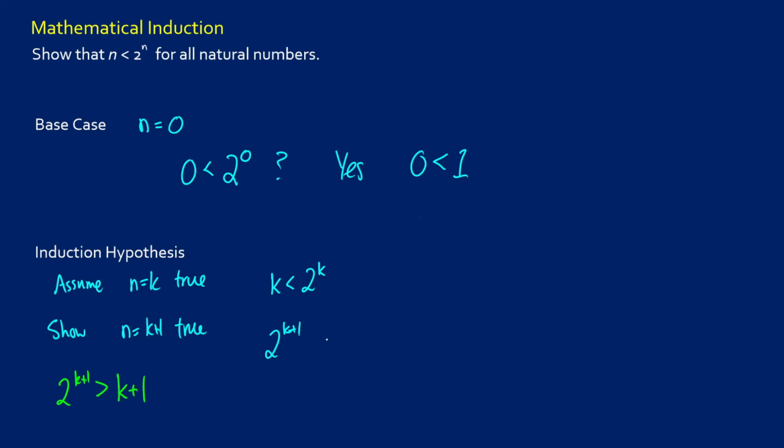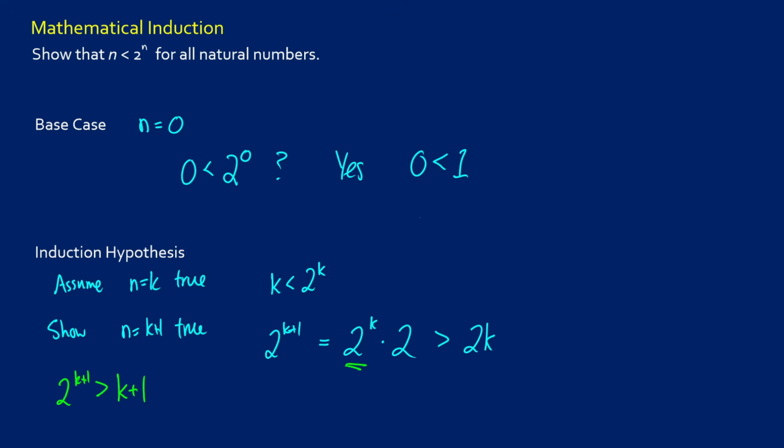So we know that 2 to the k plus 1 is the same thing as 2 to the k times 2. And I want to do this because we have a fact about 2 to the k. We know that 2 to the k specifically is going to be greater than just k. So 2 to the k times 2 is greater than 2k. Okay, but we want 2 to the k plus 1 to be greater than k plus 1. So maybe we want a slightly different strategy for this, but let's just see what we can do at this point.